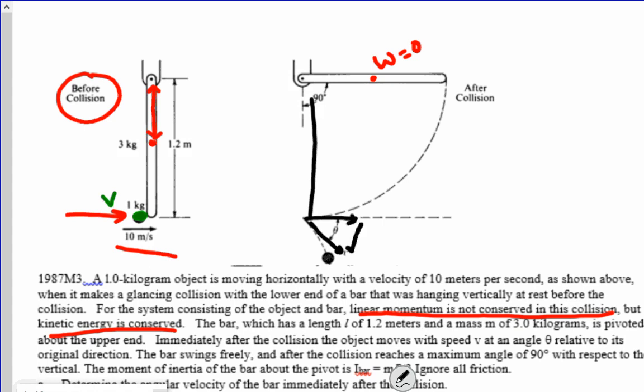This piece makes a 90-degree angle. That's the piece I want. If this is my hypotenuse, this one's going to be my cosine piece. So this is V cosine of theta. And that is how I get the angle in there, because it's that piece of the component that's in the conservation of angular momentum. Again, why? Because you need a 90-degree angle here in order to apply the torque that causes the change in momentum.